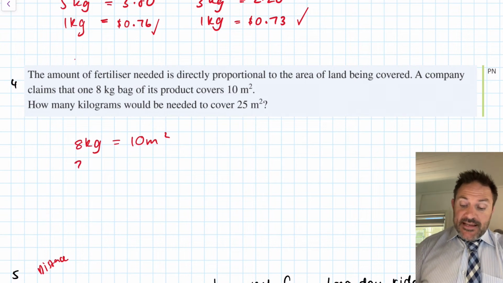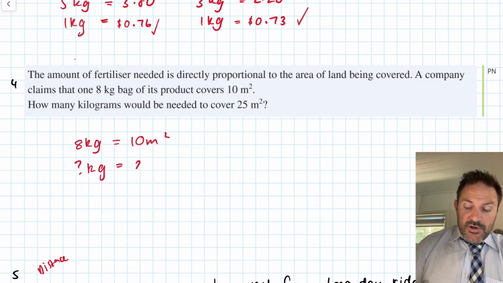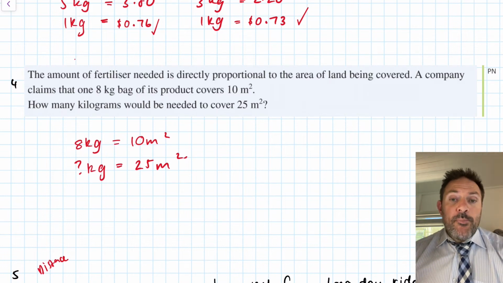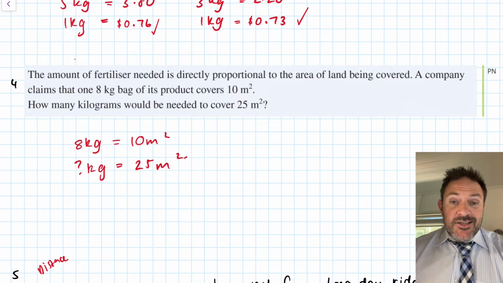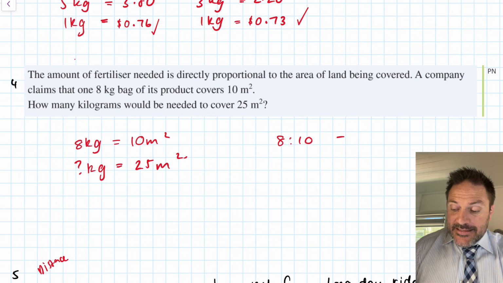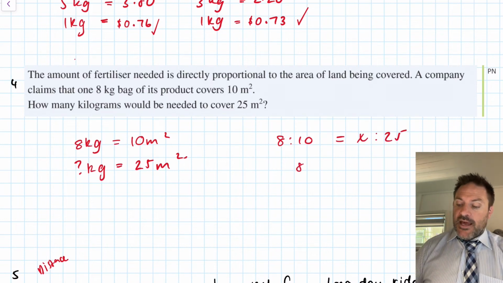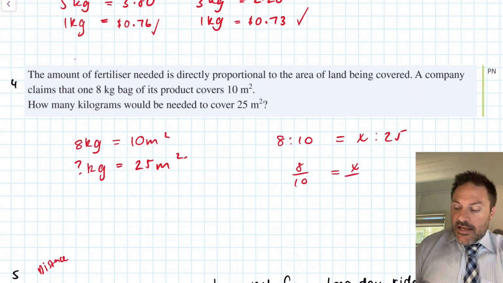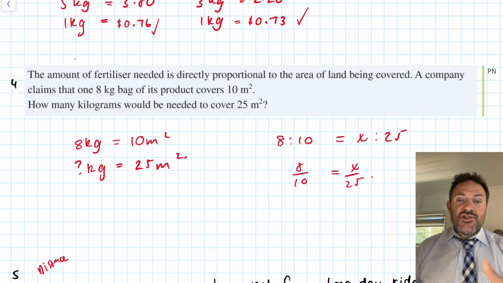What we basically want to see is how many kilograms would cover 25 square meters. So we know both these are being multiplied by the same number, okay? This just looks like fractions. This just looks like ratios. For example, 8 to 10 equals, let's say, x to 25, or 8 over 10 equals x over 25. We're just trying to find the missing number.